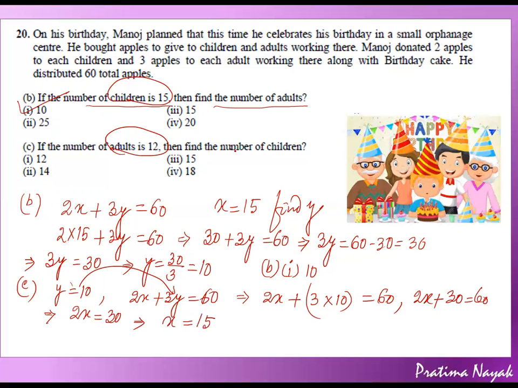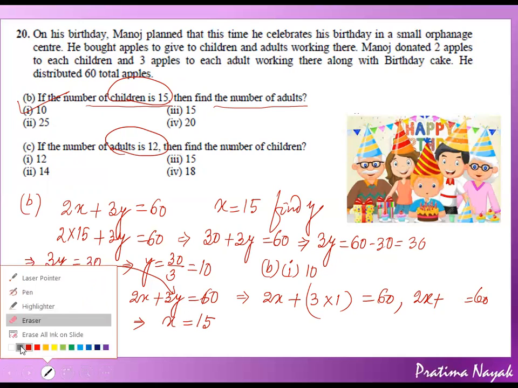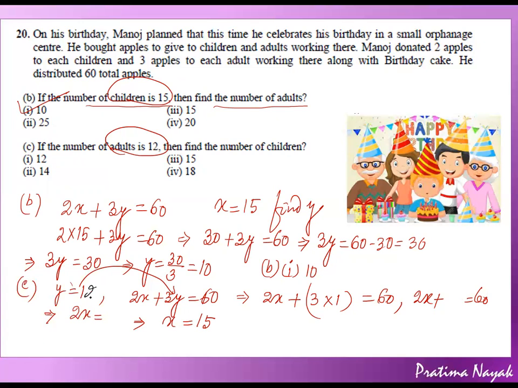So the number of adults was 12. It is a very great mistake I have done. I'm extremely sorry. Y will be 12. Let me correct it. Y is equal to 12. Then I'll make 12 here. This will be 36.